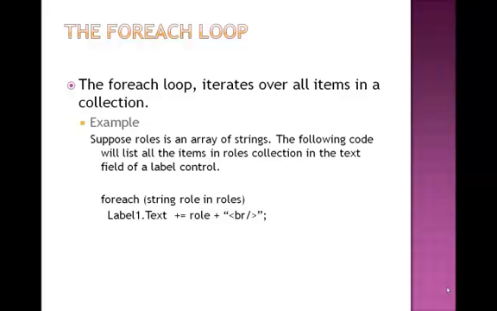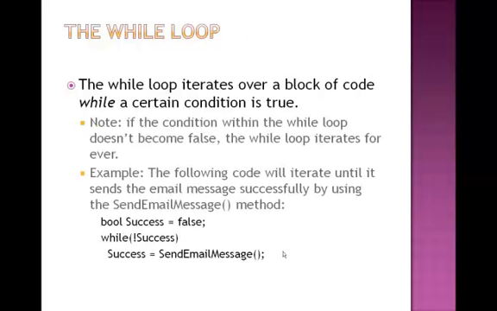Because here the roles variable is an array of strings, you can basically set up a loop with a string variable, this role value variable of type string, and then iterate over all those strings within the array. I will show you an example of this foreach loop, just to clarify and to see exactly how it works.